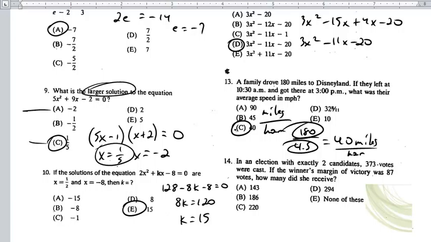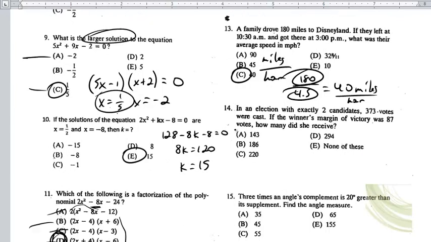All right. In an election day with exactly 2 candidates, 373 votes were cast. If the winner's margin of victory was 87, how many did she receive? This is a tricky question because a lot of times people want to maybe subtract 373 minus 87. This is the way it's set up. I'm going to say x is the number of losers. Okay, so number of loser votes.